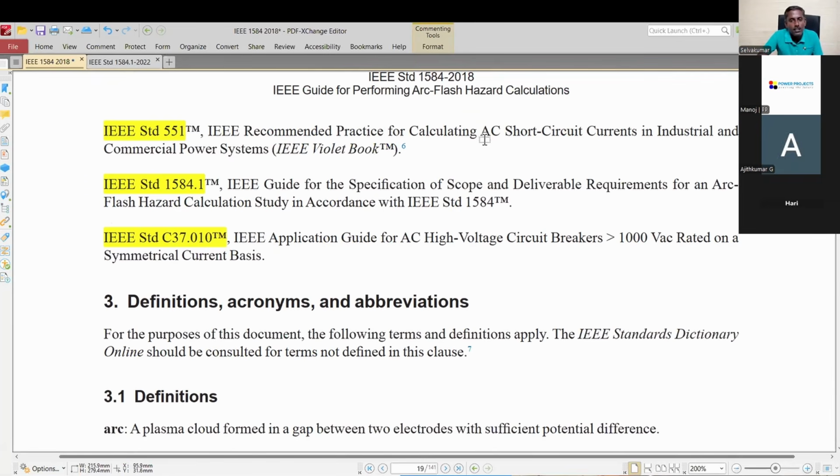One is short circuit, the other is relay coordination, because short circuit and relay coordination become essential inputs for arc flash. When we talk about arc flash, we are talking about I squared T. I is the short circuit current or arc current. T is the fault duration or the arc duration.